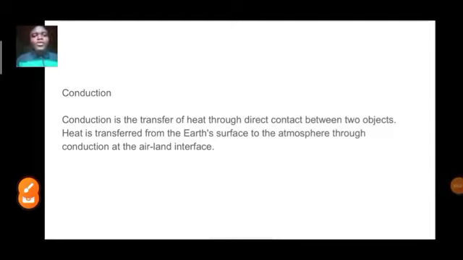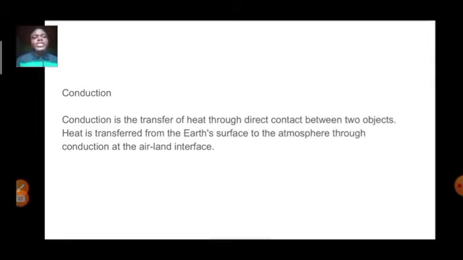Okay, now talking about conduction. Earlier I said conduction is a process by which heat is transferred from the Earth's surface into the atmosphere through direct contact. Direct contact of what? Of air molecules, of course. Now, how does this occur?